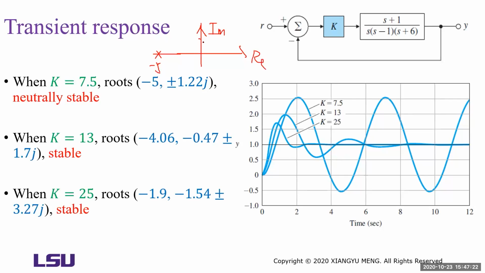Then we have minus and plus 1.22, a pair of roots on the imaginary axis. The system is neutrally stable when k is 7.5.